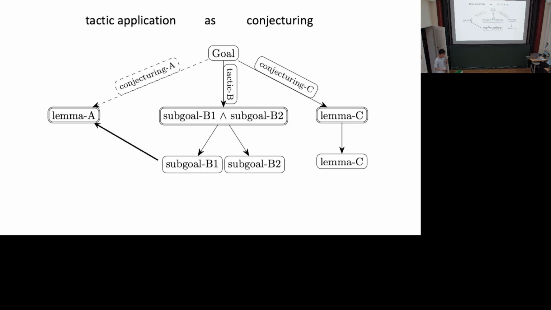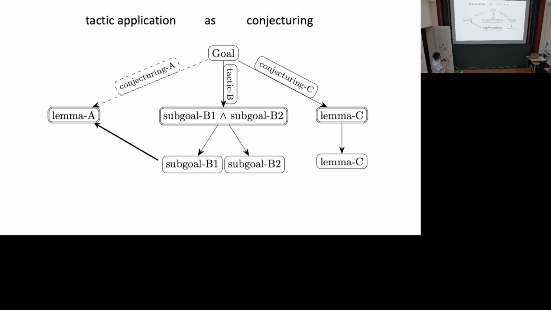But when we start thinking about conjecturing as edges in the tree, we notice that often we use the same conjecture or auxiliary lemma for many proof obligations. For example, if you define an algebraic data structure and operations on it, and if you want to prove some properties, maybe you need commutativity, and probably there are lots of problems which require commutativity.